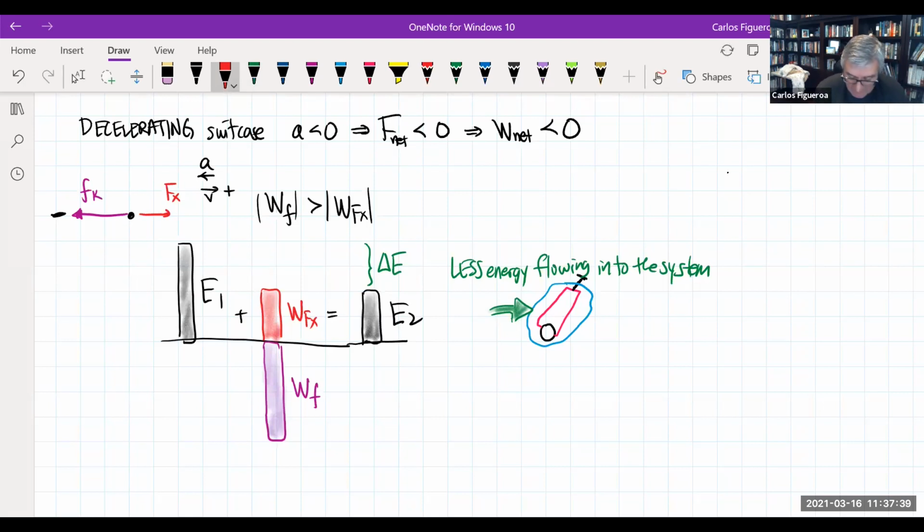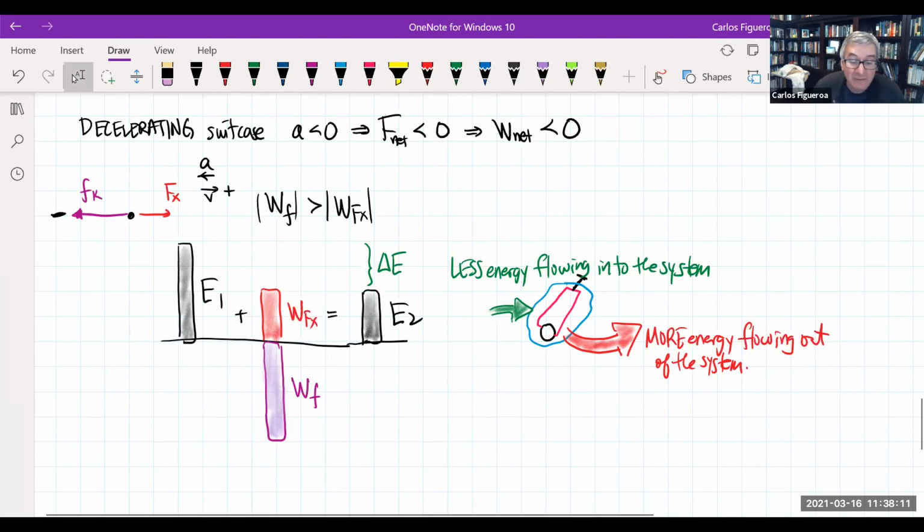On the other hand, there is more energy flowing out of the system. So picture-wise, that's exactly what we would have expected right there.